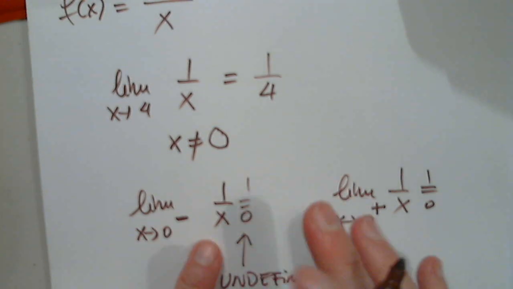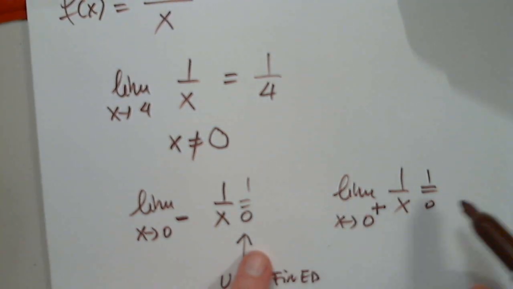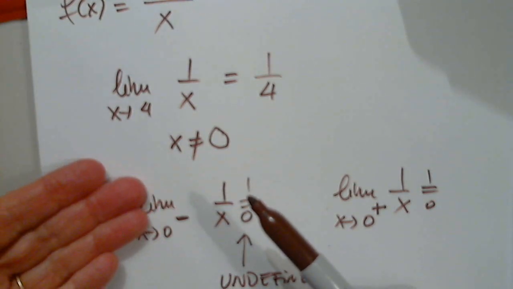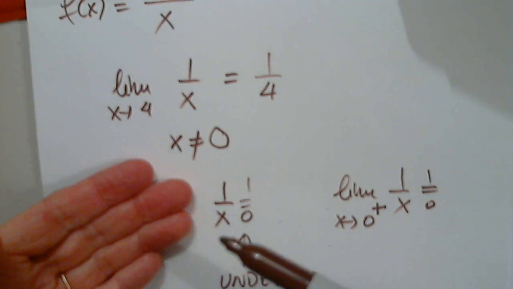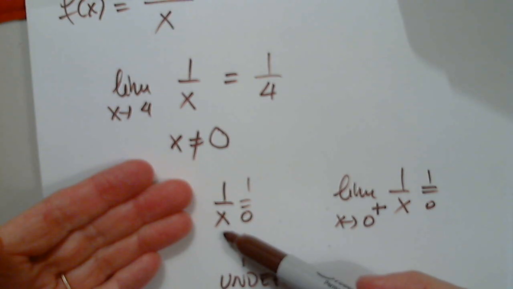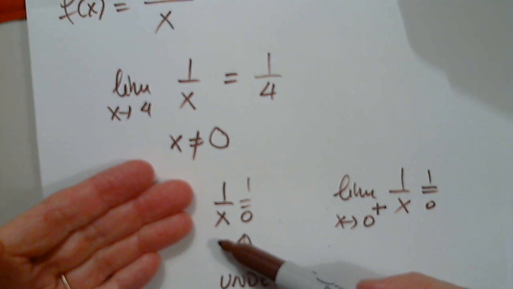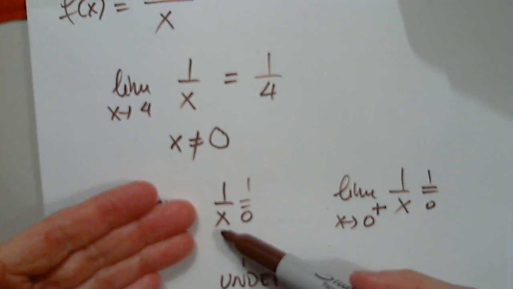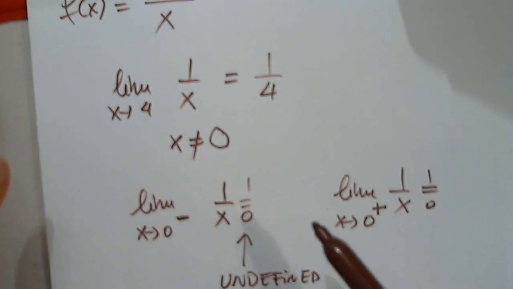I know I have to finish. This is it. These two, and I'm done. So 0 from the left. 0 from the left is negative numbers. 1 over a negative number. What is the sign? Negative. Perfect.